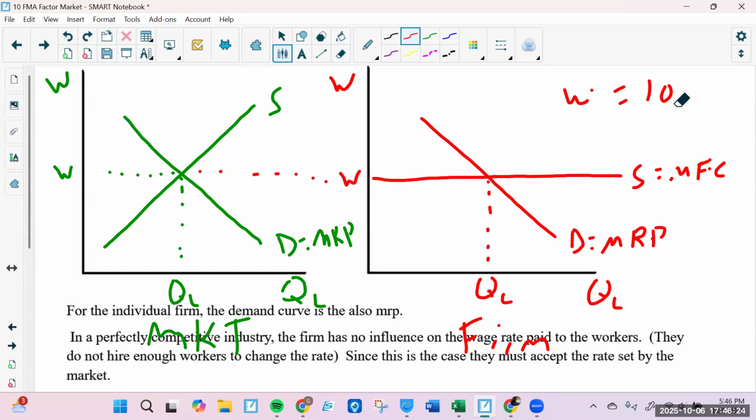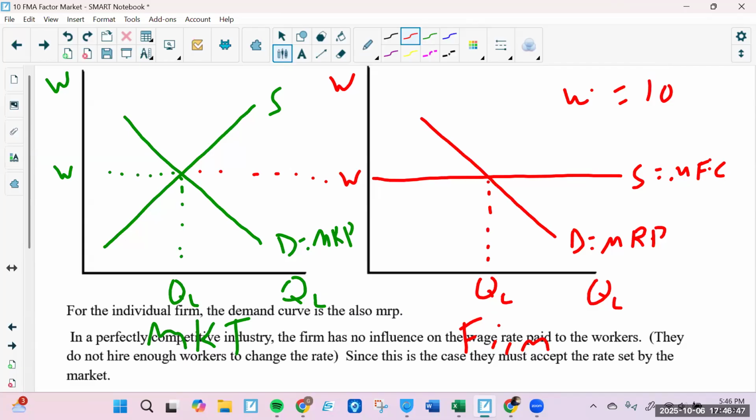This makes sense. If you're going to bring me $15 of revenue and you're asking me to pay you $10, yeah, I'll hire you. But if you're only going to bring in $9 more of revenue and you're asking me to pay you 10, no, I'm not going to hire you.